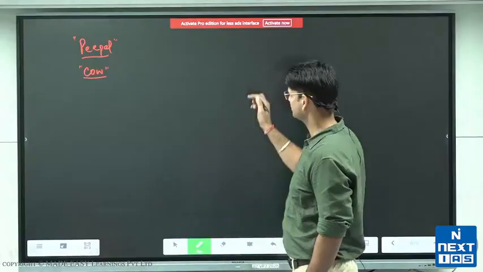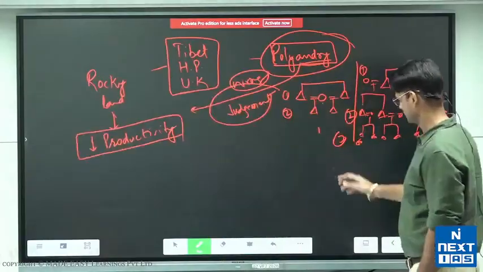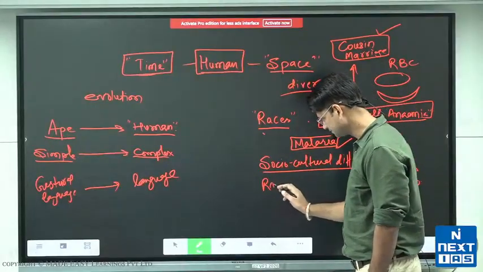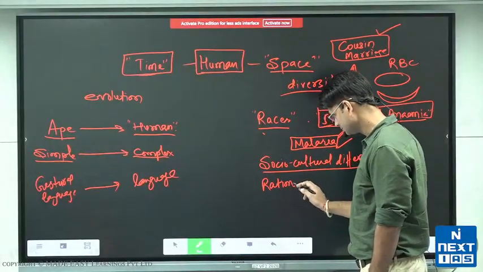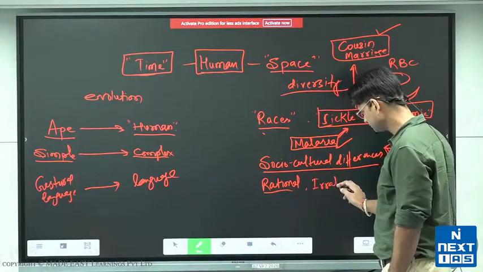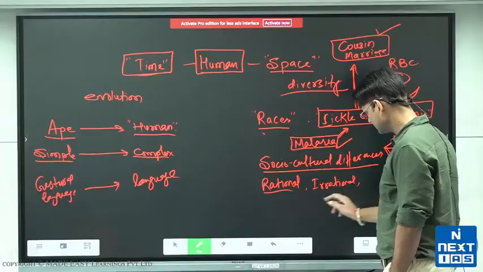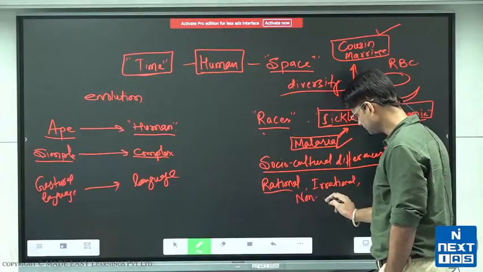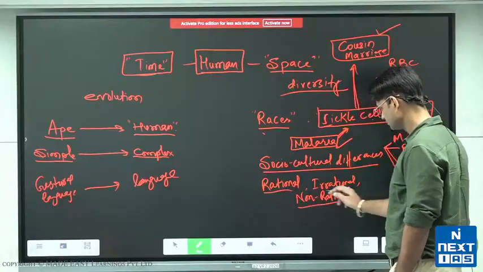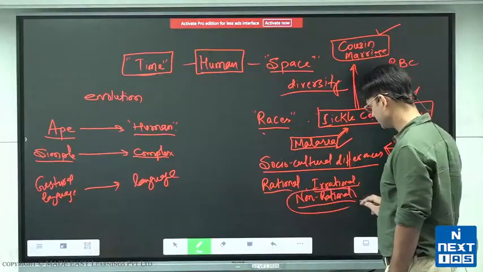So we try to understand these differences which can be logical, that means rational. We try to understand something that is irrational also, and something that is non-rational also. That means beyond rational.